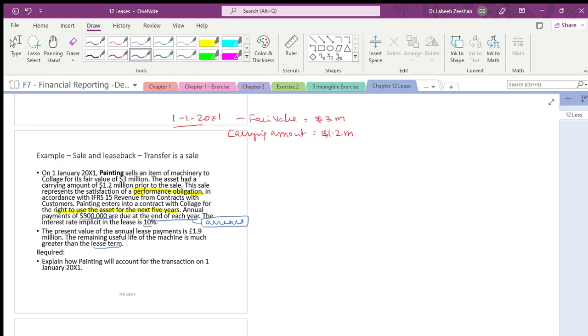They have sold it for 3 million, the fair value is 3 million, and the carrying amount is 1.2 million. What are they asking us? Explain how the painting will account for the transactions as on January 1st, 2001.